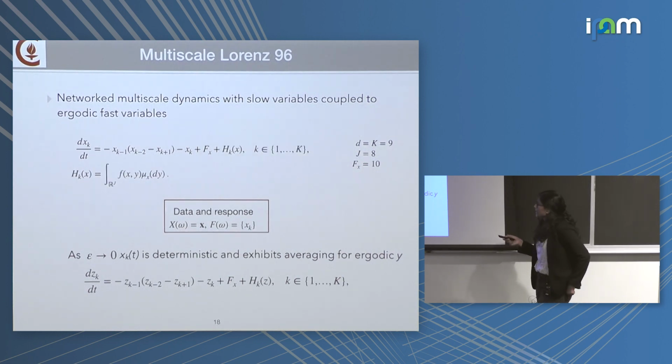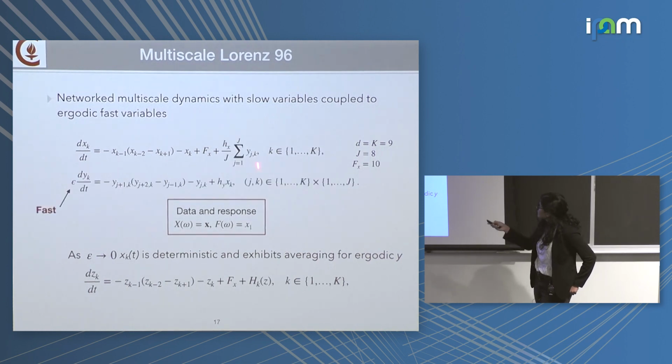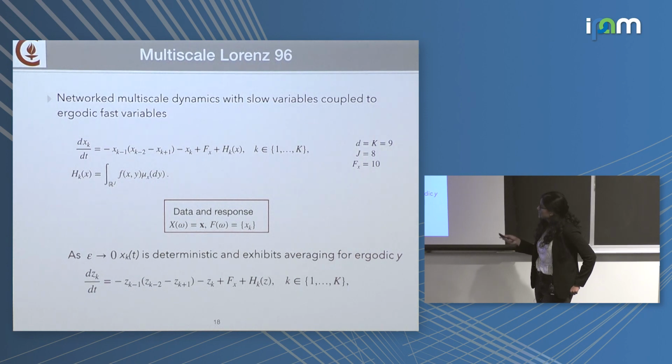And that's because as epsilon becomes small, you can hold the x variable fixed while you simulate the y variable. And the density of the y variables depends on a fixed x. And these are averaged out by that sum you saw by this expression here, and simplify to depending on the other x variables.